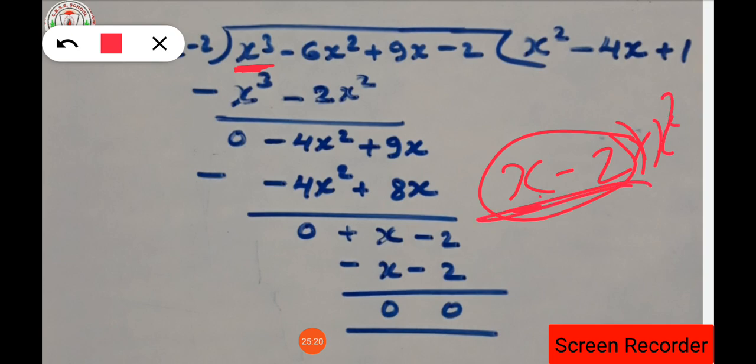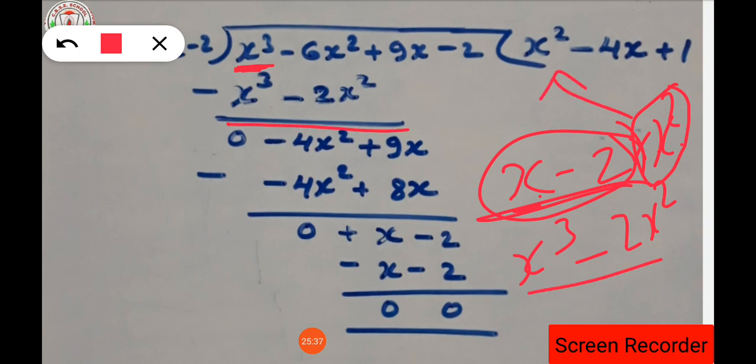So x into x square will be x cube, minus 2x into x square will be 2x square. And that x square, how many times I had multiplied, will come in the quotient and the result will come in the dividend. So minus x cube minus 2x square.